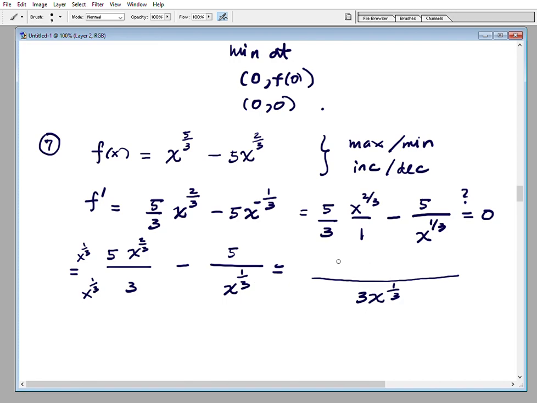So on top we have 5, and notice when we add these exponents we get 1. Okay, so here we have a question: why didn't we multiply 5 with the exponent?